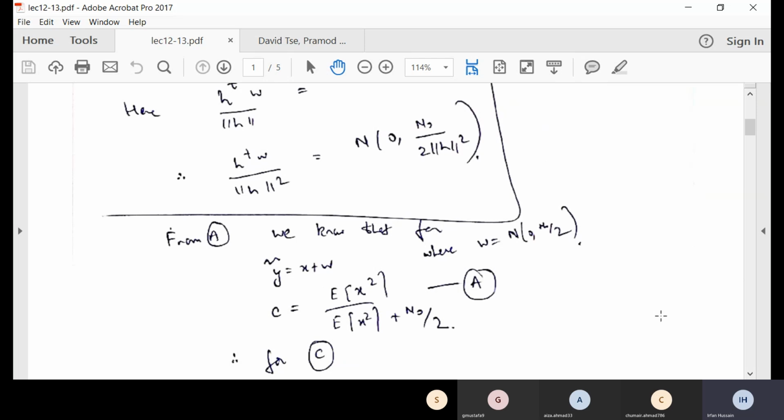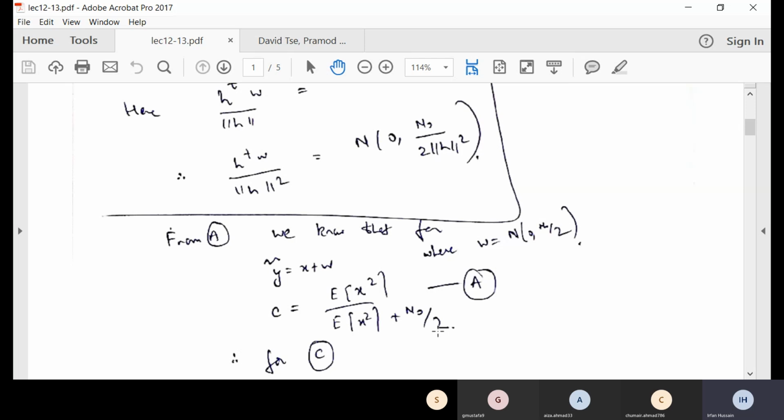So we saw in the first section that if we have just X, which is the signal to be estimated, and W is noise, then the linear estimator comes out to be like this. Correct.